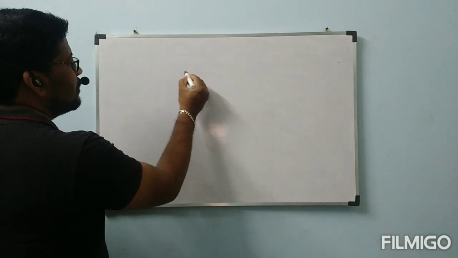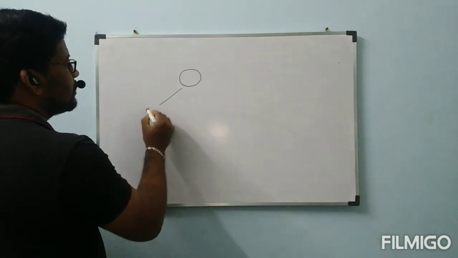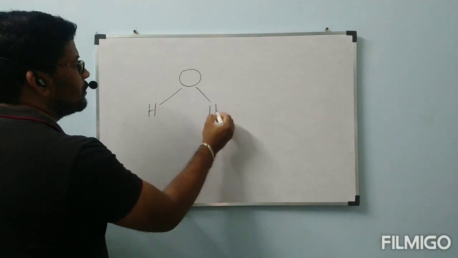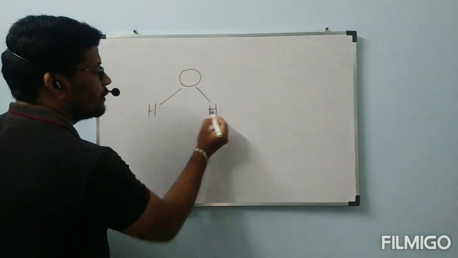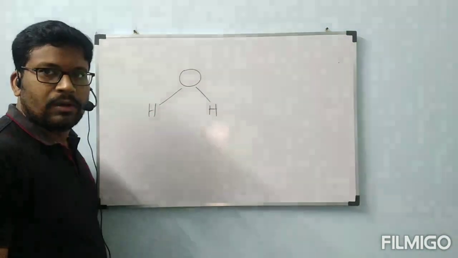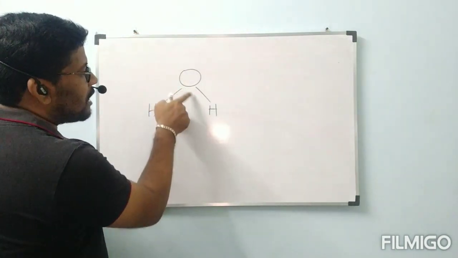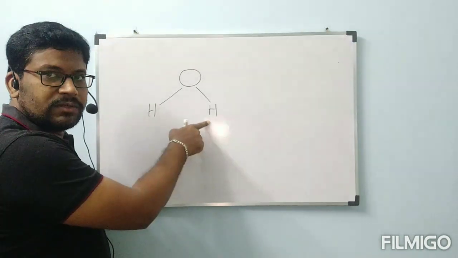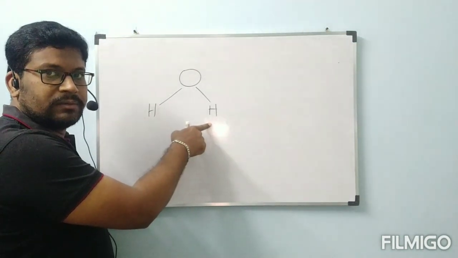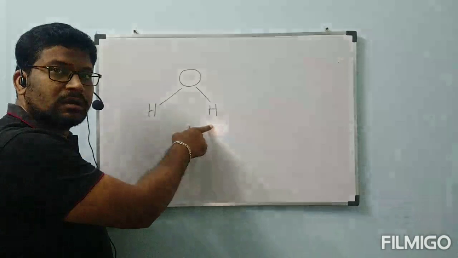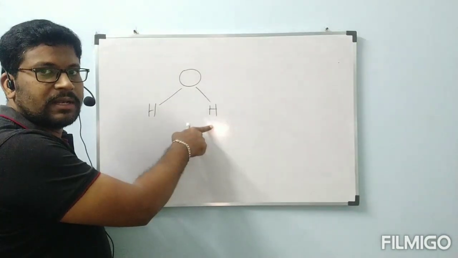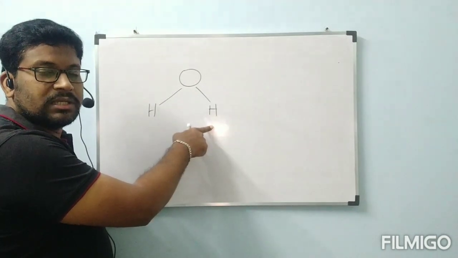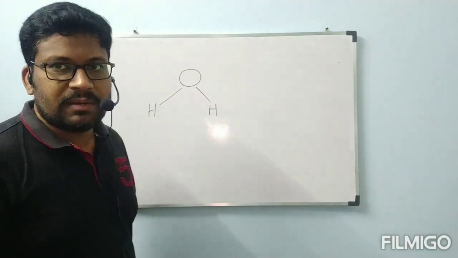Consider water here, H2O. Now between oxygen and hydrogen, which is highly electronegative? Now only we have seen oxygen is the second most electronegative element.